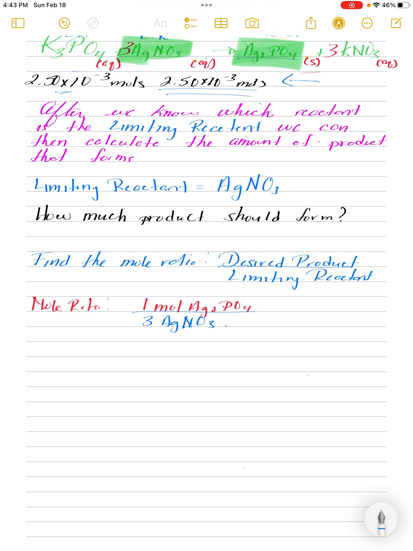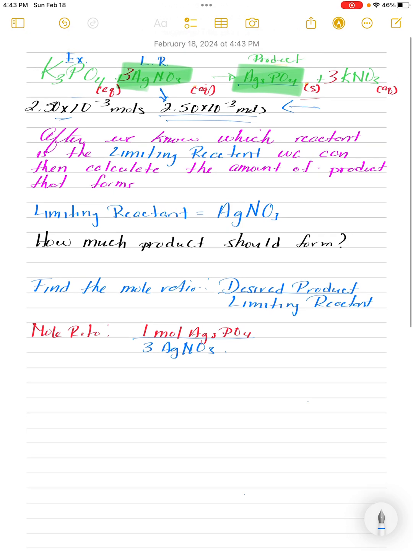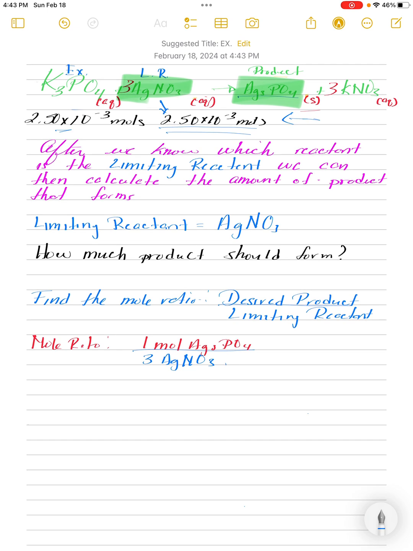But in a situation where those values would be different, you would always start with the value of the limiting reactant, which is this guy right here. So we're going to set this up. That's going to be our starting value. I'm going to put that in blue to show that that's our limiting reactant. So 2.50 times 10 to the negative 3 moles of silver nitrate.